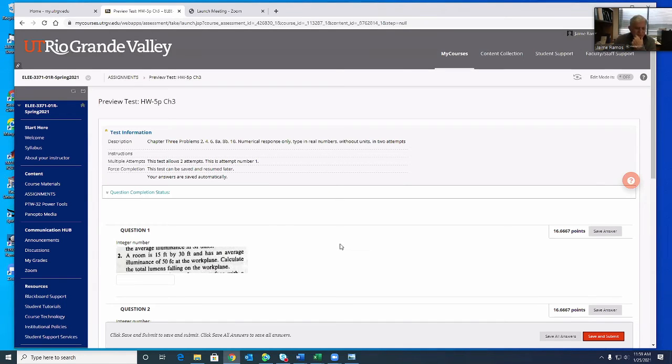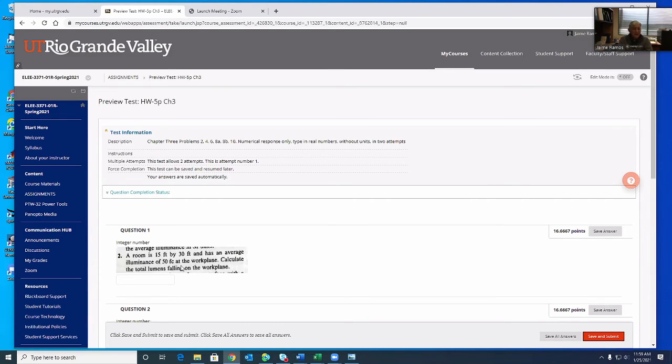So in the first problem, total lumens. So we have a room 15 feet by 30 feet, has an average illuminance, foot candles, 50 at the workplace. So we are given the illuminance, and we are given the area.